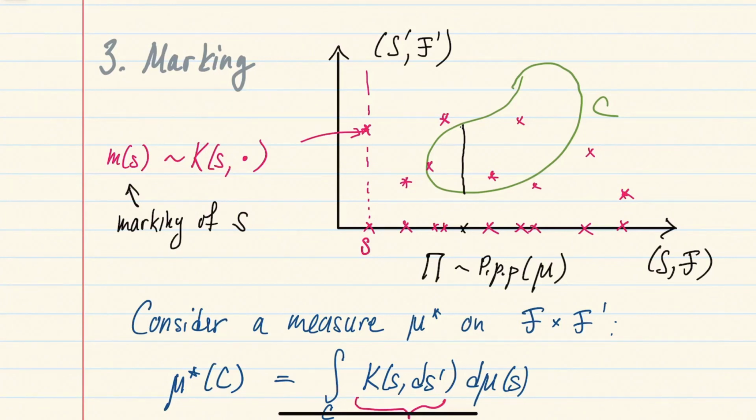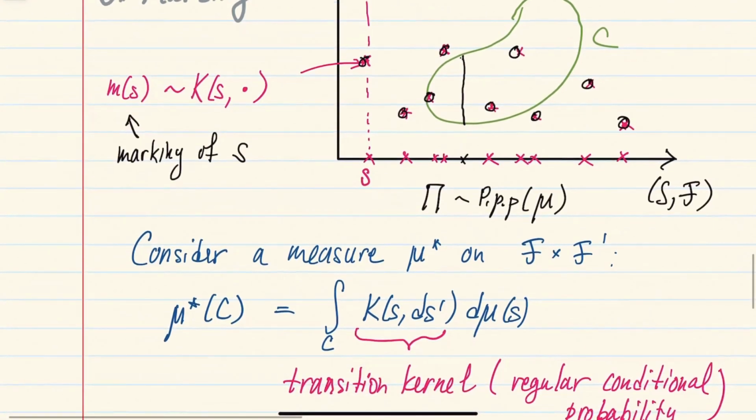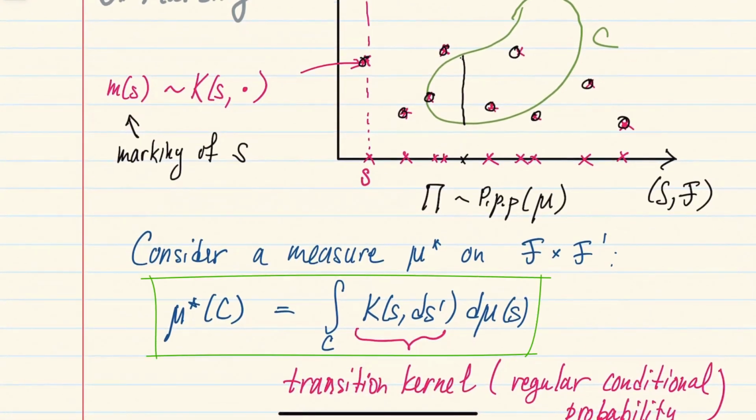This will result in this random set in the product space, and we'll call it a marked Poisson process. We'll see in a second that indeed it is a Poisson process with the mean measure given exactly by this measure mu star defined by this Fubini theorem here.